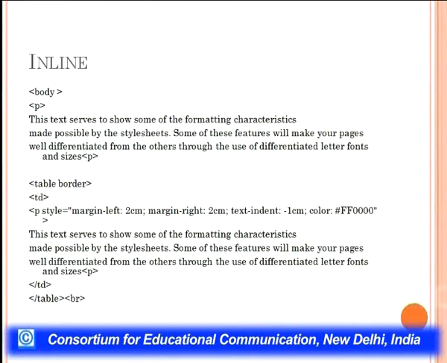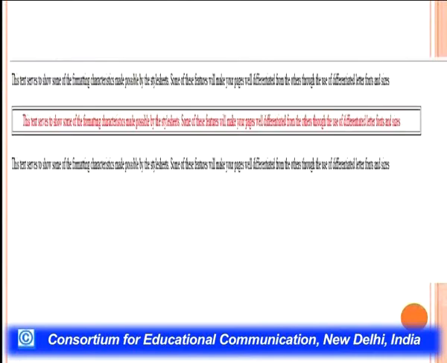So now you can see that on the same page, one instance of the tag is without a style definition, whereas the second instance is with a style definition. The second instance, which you see in red color, has the impact of the style definition on it, and the first instance does not have that impact because the style definition has not been provided for that particular instance.